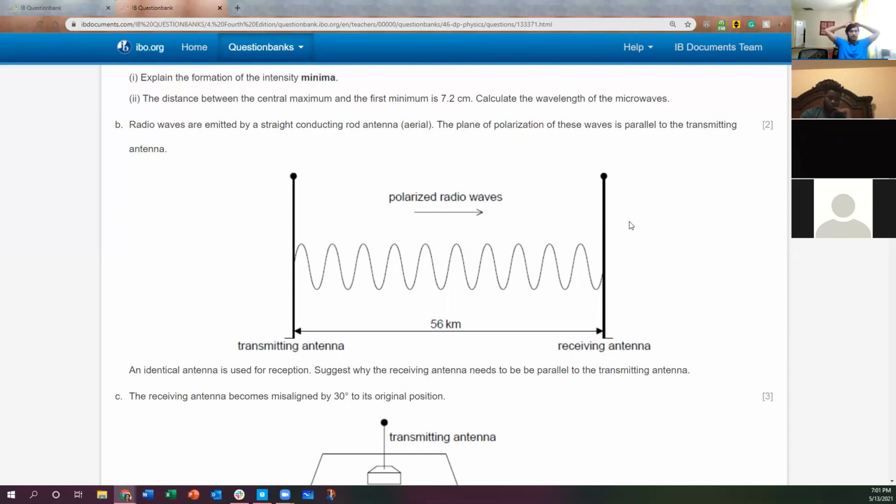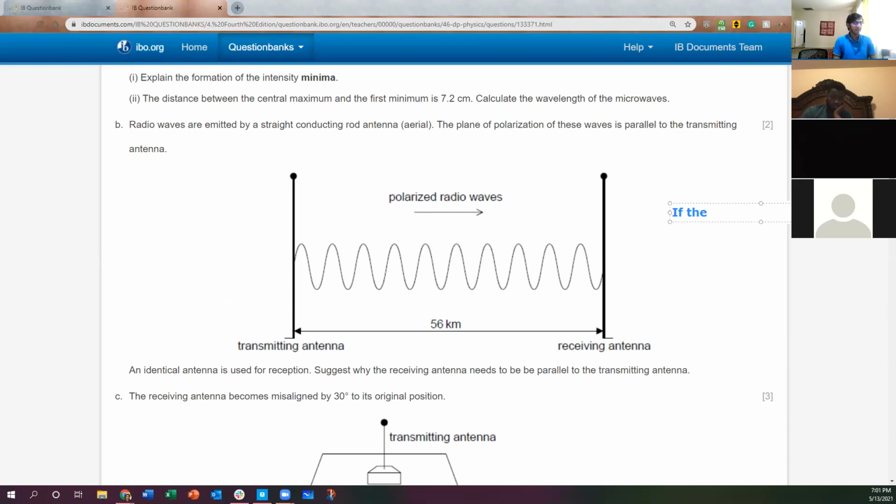What do you guys think? Do you have any explanations? Why would the receiver have to be parallel to the transmitter? I think this might have to do with Malus's law, right?